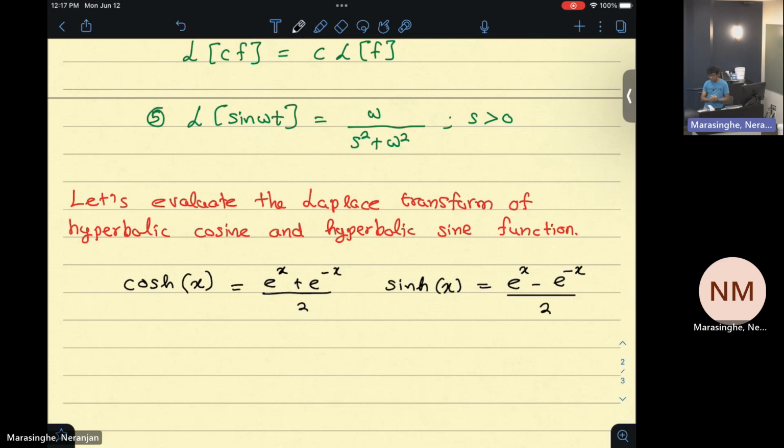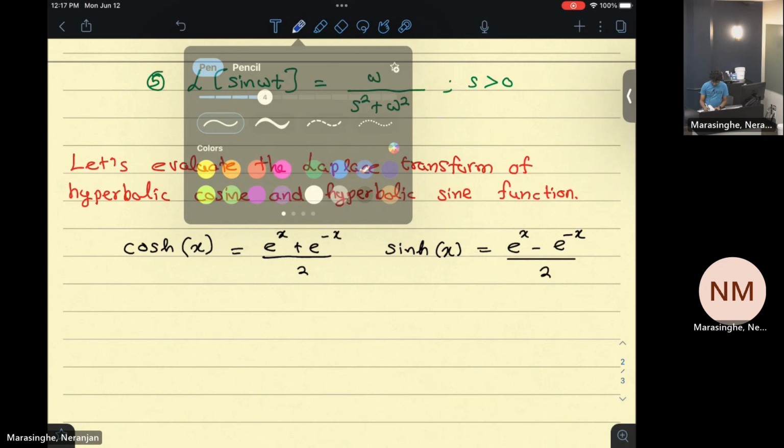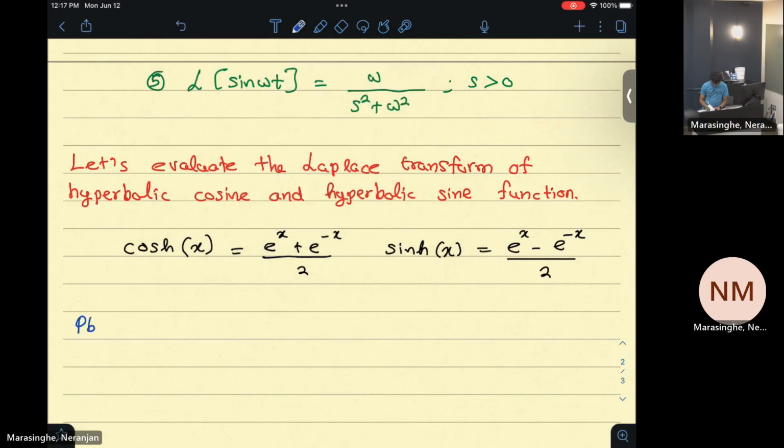This is the definition of hyperbolic sine and hyperbolic cosine. Now, my problem is: what is the Laplace transform of hyperbolic cosine of omega t?